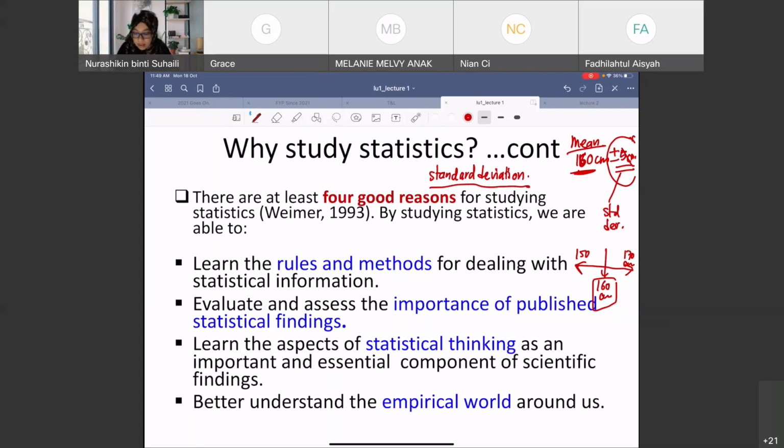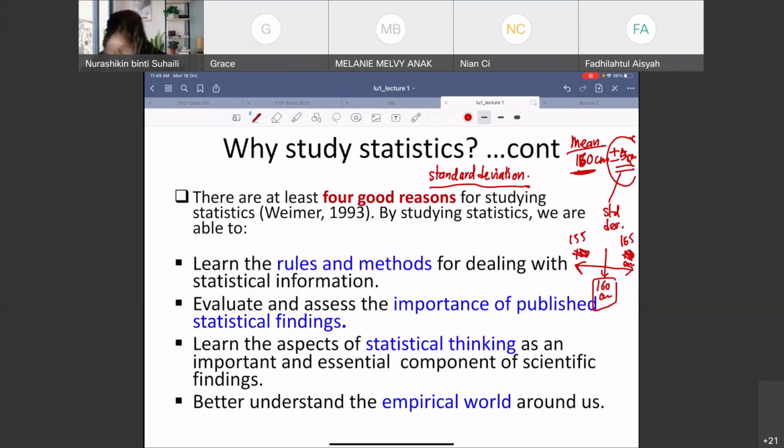Normally the deviation is actually between 150. Sorry, it should be here, let's say 155, and then this one is plus 5, 165.